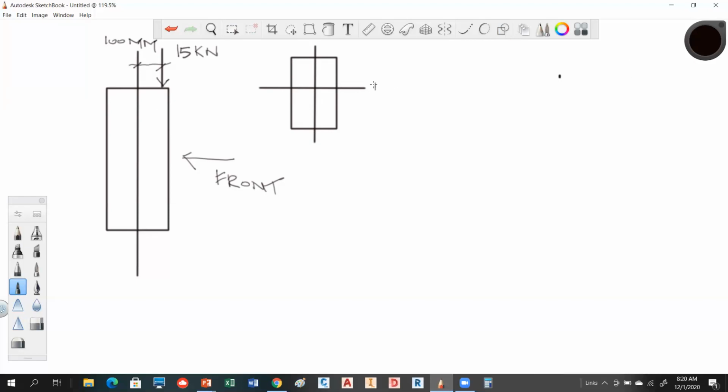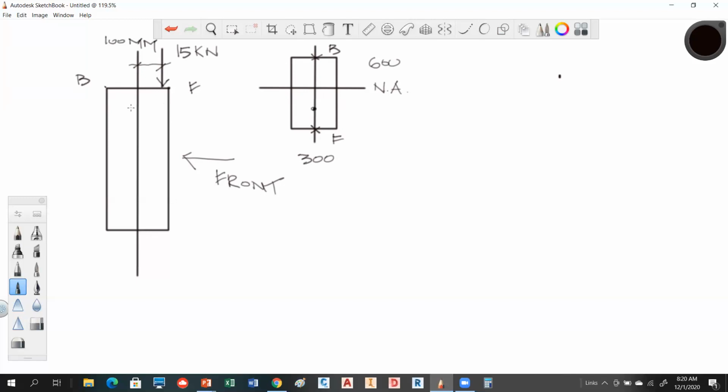So it's 600 millimeters from here to here, and it's going to be 300 this way. So this is drawn more correctly. This right here is your front, and this right here is your back. That force is acting about right here, coming straight down.